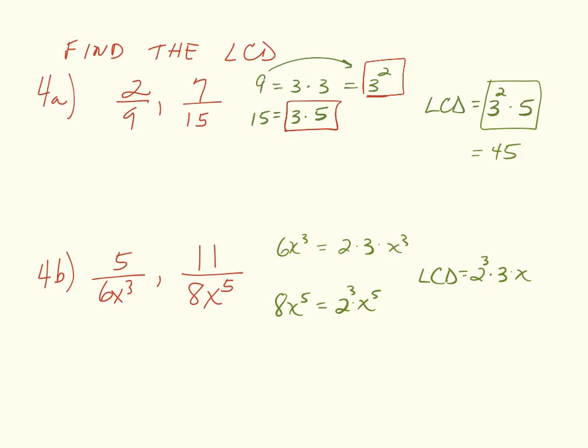It has to contain the 3 to the biggest exponent, well, that's just the 3. And it has to contain an x to the biggest exponent, which is x to the fifth. So now the LCD is going to be 2 to the third times 3, so that's 8 times 3, which is 24, x to the fifth. Okay, we're finding the LCD.